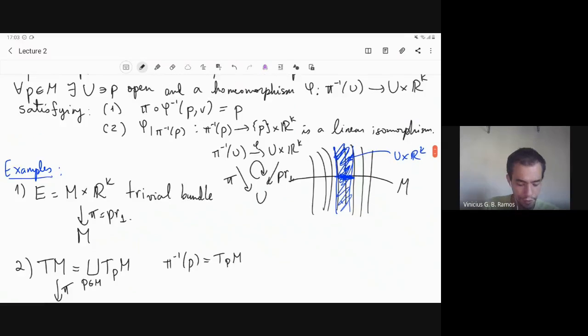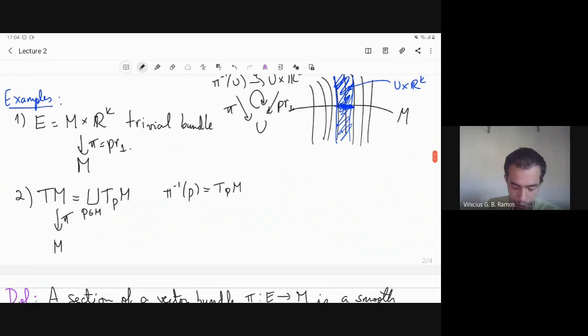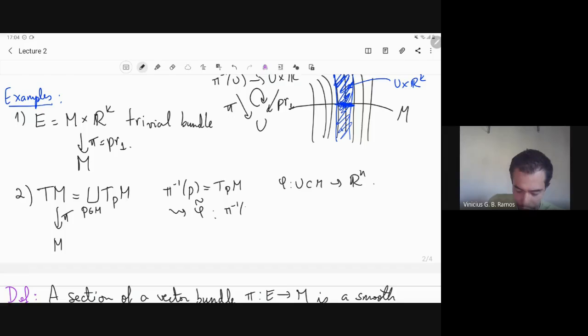Basically for each point p, we know that there is a chart around p, that goes to, say, R^n. And I told you last time that this induces a map that goes from pi inverse of U to U times R^n.